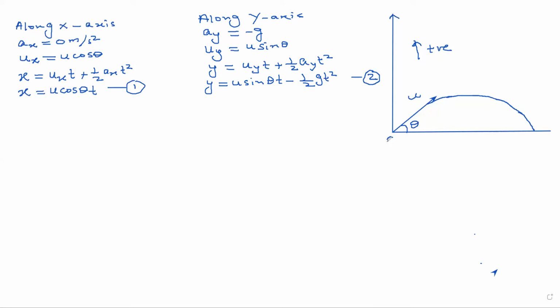Now this is point O, this is point A. We can see that at points O and A, the y component of the displacement is 0. So from equation 2, first we derive the time of flight.